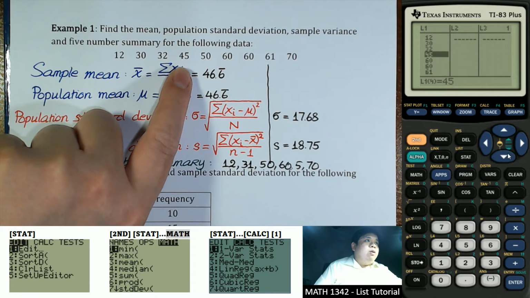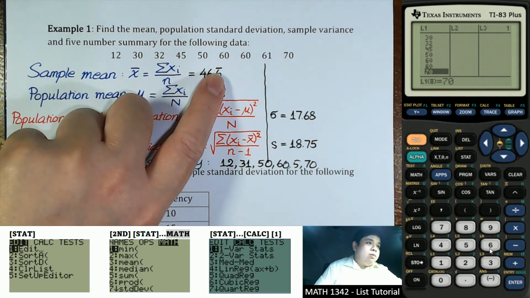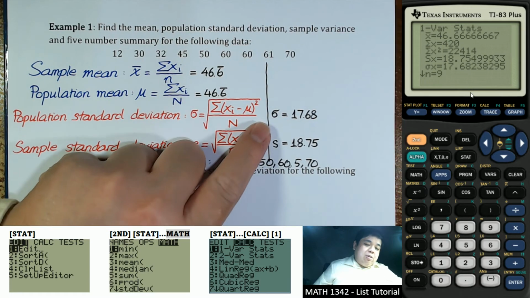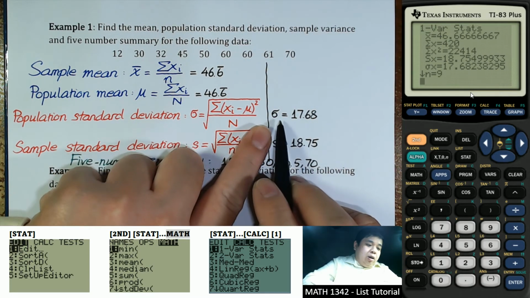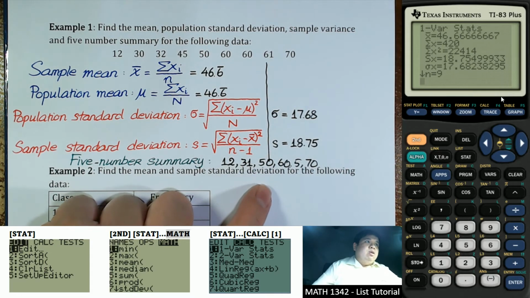Right, we got 50. Quit, and stat, calculate one variable statistics, this one. Right, so we should have the same thing. Population standard deviation, sample standard deviation, and then the 5 number summary below that.